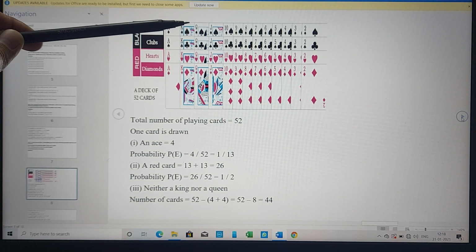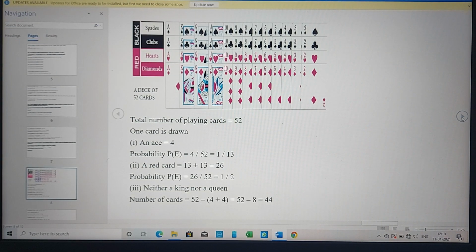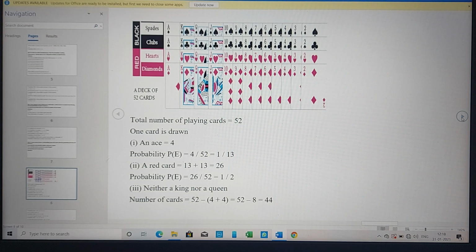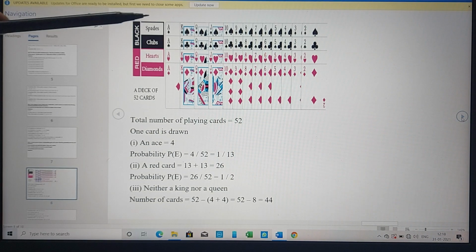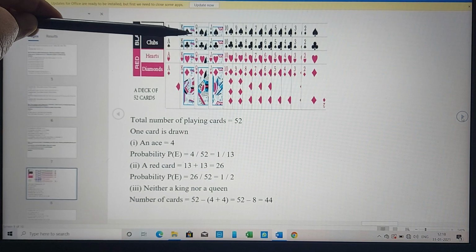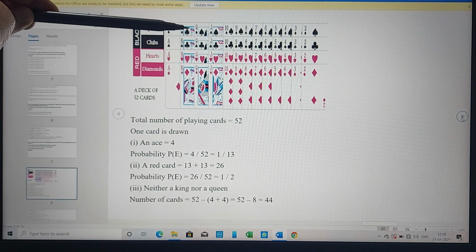Third part, what is the probability of getting neither a king nor a queen? So we do not require king and queen. Clear? We can count for 1 suit and we can multiply by 4. If we leave king and queen, total number of cards for a spade are 13. We are leaving king and queen. So 13 minus 2, that means 11.